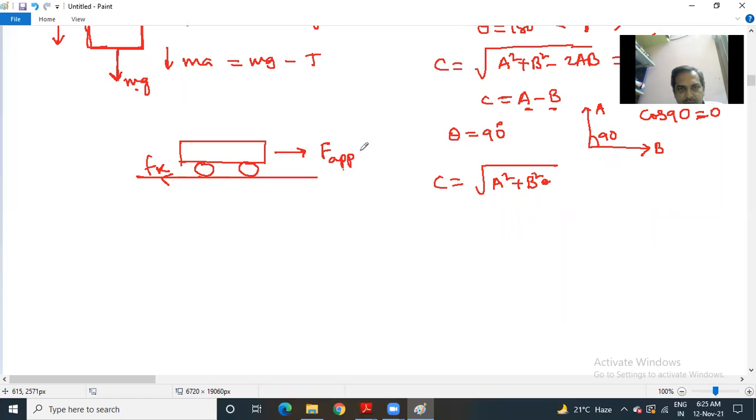So the applied force, or you can say this is the external force also. The external force magnitude is greater than all opposing forces. One of the opposing forces is friction. So therefore applied force will make net force F applied minus Fk. Why are we writing minus? Because these two forces are acting at an angle 180. So when two vectors are at 180, what did you get there? A minus B. So A position is occupied by applied force and B position is occupied by frictional force. So these are the two examples.